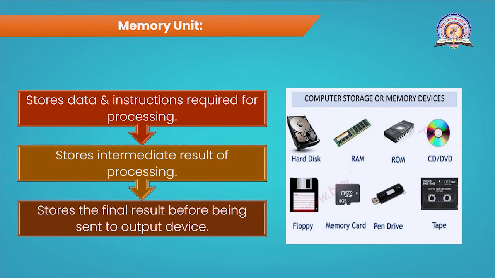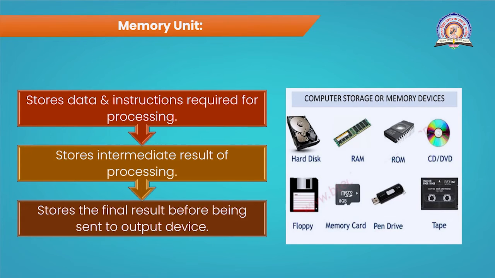All that is stored in the memory unit. But it is stored for a temporary period of time, for a short period of time. And as soon as we give the next instruction, next command, whatever data is stored in primary memory gets vanished and new data will be stored in that memory.